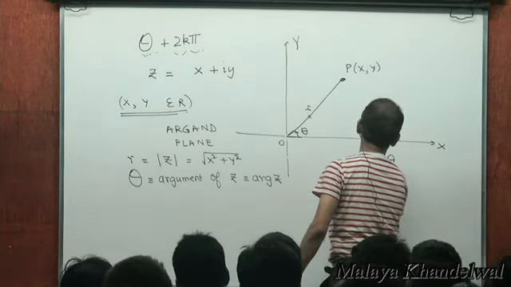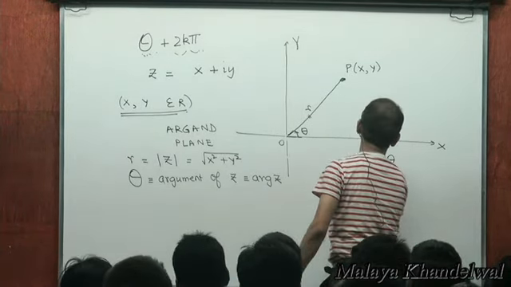So this would obviously mean x1 equal to x2 and y1 equal to y2. That means if two complex numbers are equal, their real parts and their imaginary parts could be equated. Their real part and imaginary part could be equated, right?